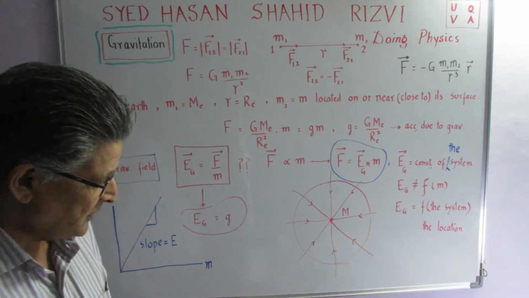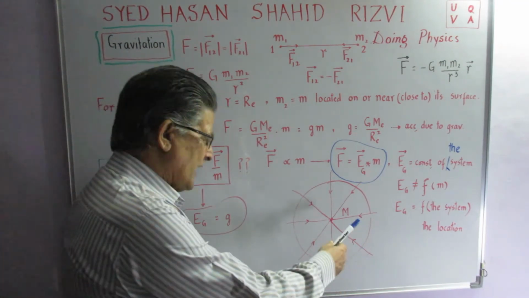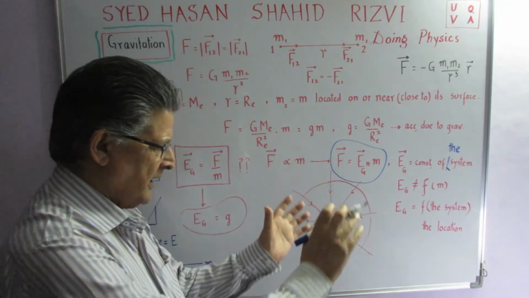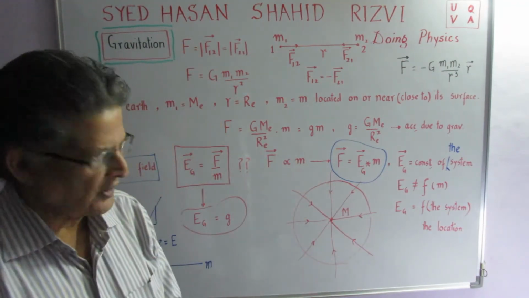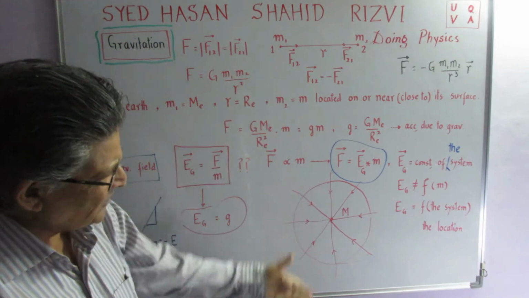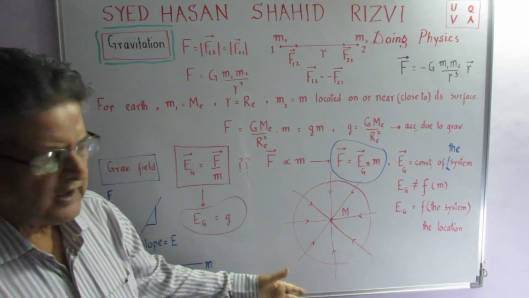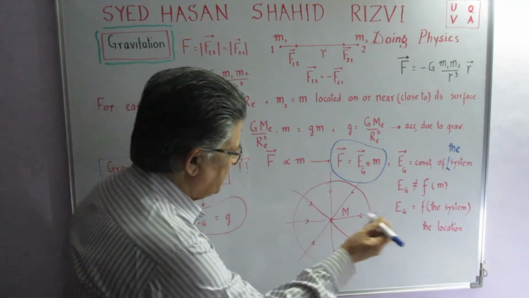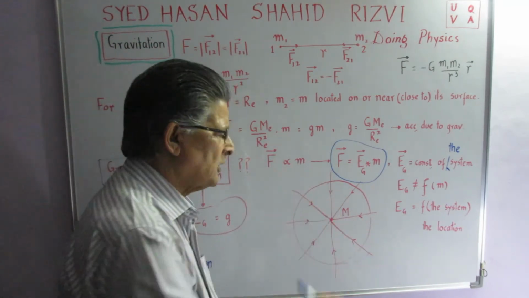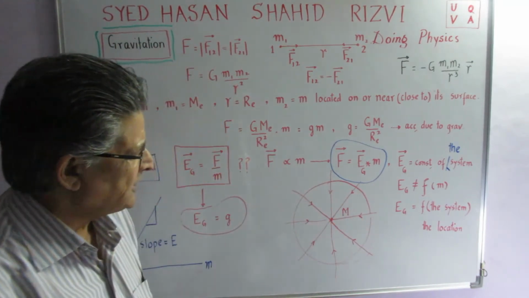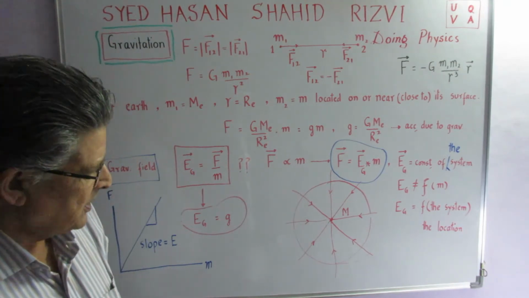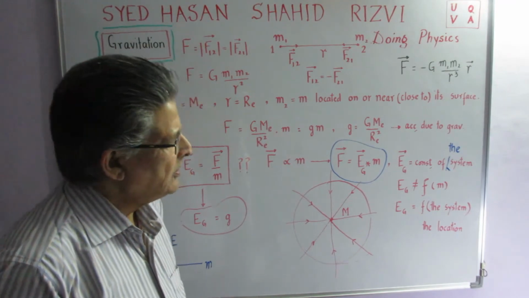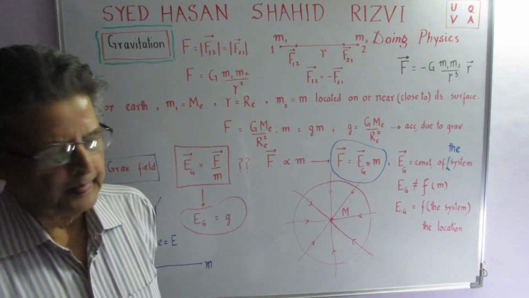And of course, what I should have drawn here is a spherical surface, but I have just sliced this spherical surface and got a circle over there. So there are many field lines which are coming from all sides, and they are culminating in the mass point here at M.